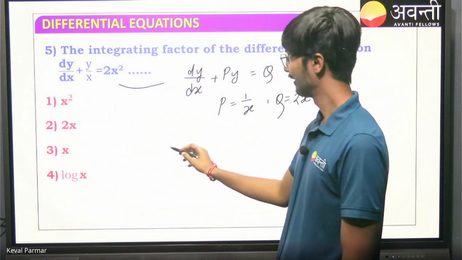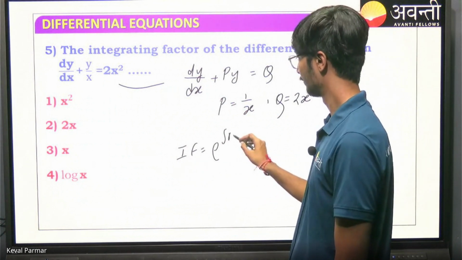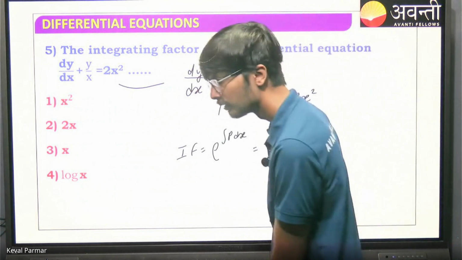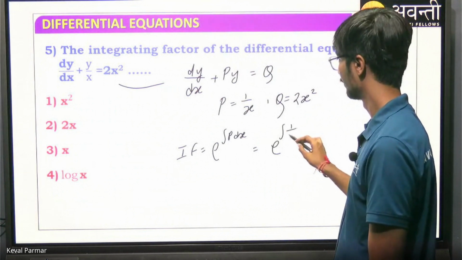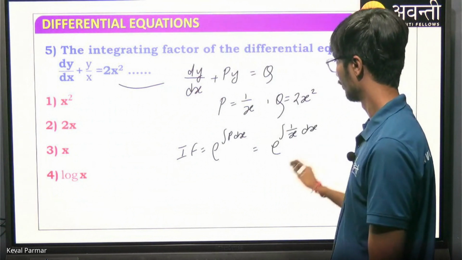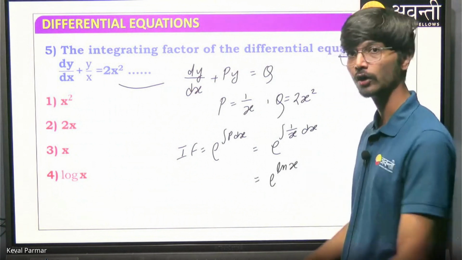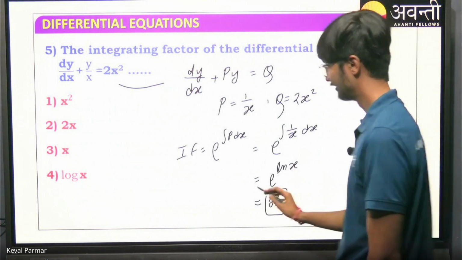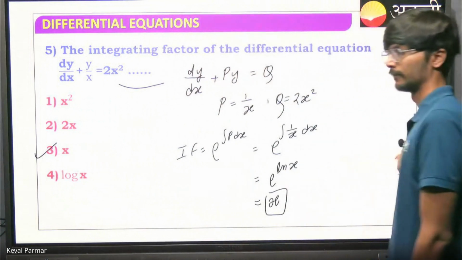We have to find the integrating factor, which is e raised to ∫p dx. That means e raised to ∫(1/x) dx. Very good, you already gave the answer, e raised to ln x. And by the property of log, this equals x, which is option number 3. Superb.